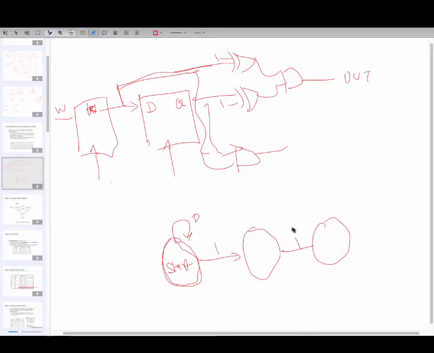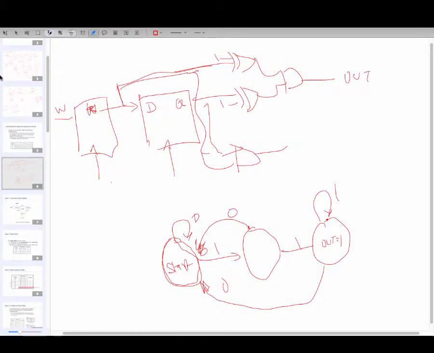Second one, I'm successful, so out equal to 1 here. Meanwhile, if I get a 0 out here, I go back. So I've covered those two cases. And here, if I get a 0, I go back. If I get a 1, I spin. Okay.